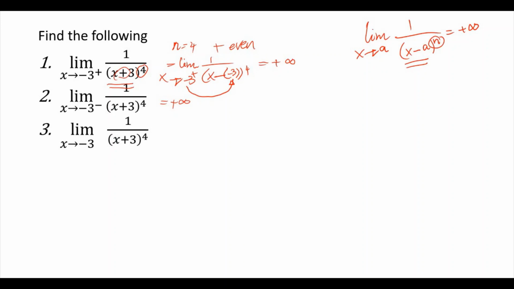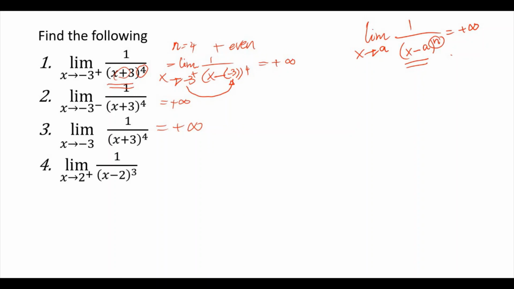Let's look at the next one. So I know from the theorem that the two-sided limit exists, and based on that I found the first one and the second one. So I'm going to say this is equal to positive infinity based on this part.